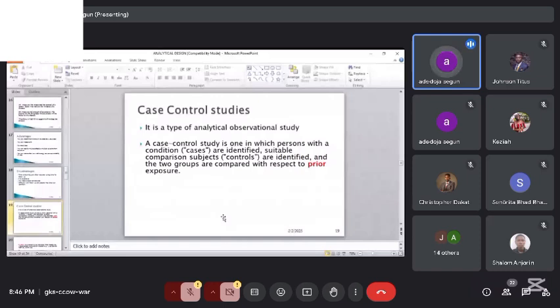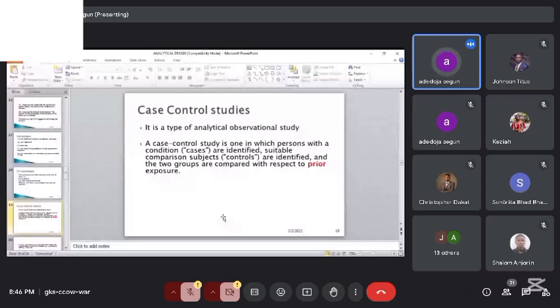When we are monitoring our participants to see whether they will develop it or not, they may not end up developing it. So we look for the people that have developed that disease already. Then we look for another group of people that do not have that particular disease. Those that have it are cases. Those that do not have it are controls. And we do it in the past, not in the present.